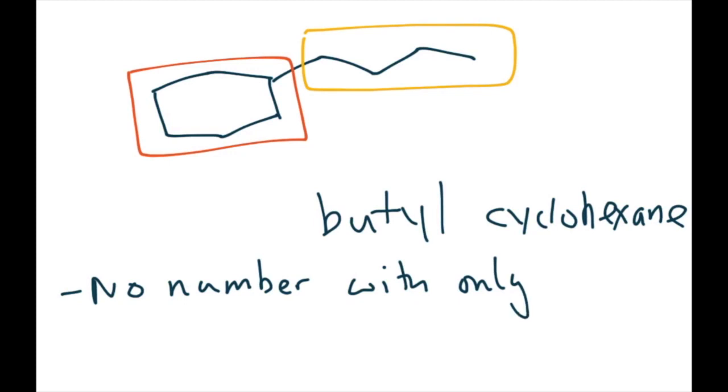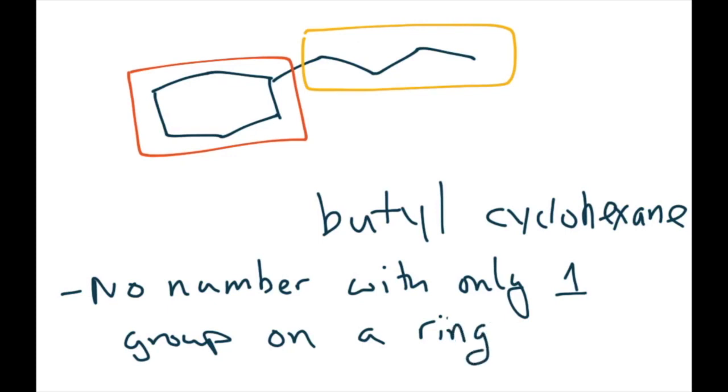I was asked here if you put a 1 in front of the substituent name if I'd count it wrong. No. This is where I say, like, I have bigger fish to fry. But it's not needed. No number with only one group on the ring. It's not needed because since it's a ring, any carbon can be carbon number 1, right? It doesn't matter which carbon I put butyl on, I'm always going to get the exact same thing. So when you only have one group, the number is redundant.